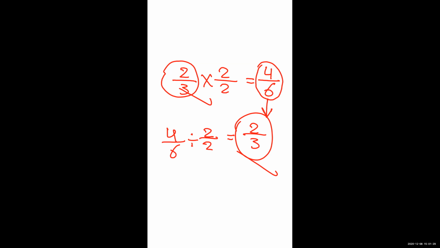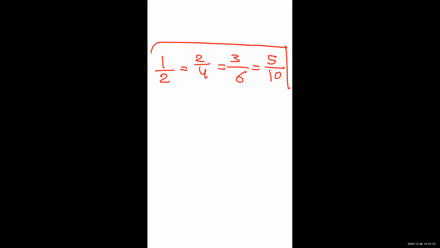Okay, the next point in this lesson is about the proportion. Proportion means equality of ratios, like this: 1 over 2, for example, equals 2 over 4, equals 3 over 6, equals 5 over 10.